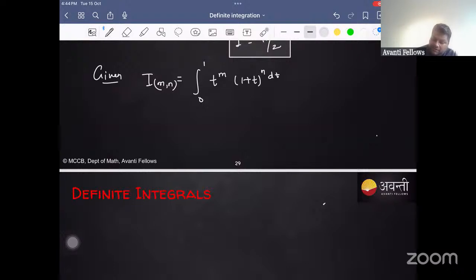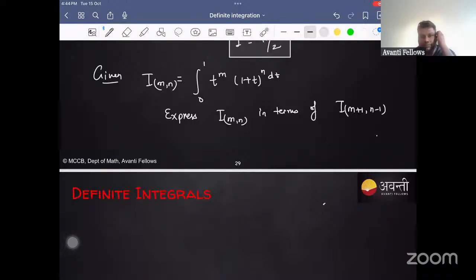Now the question is express I(m,n) in terms of I(m plus 1, n minus 1). Give it a try.